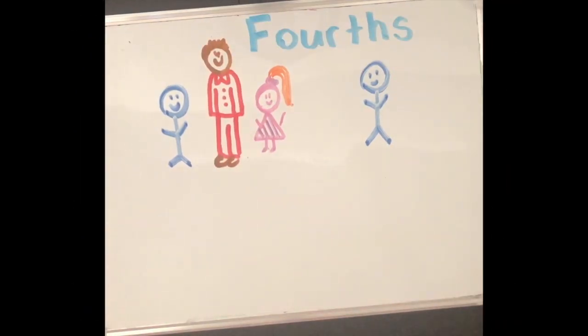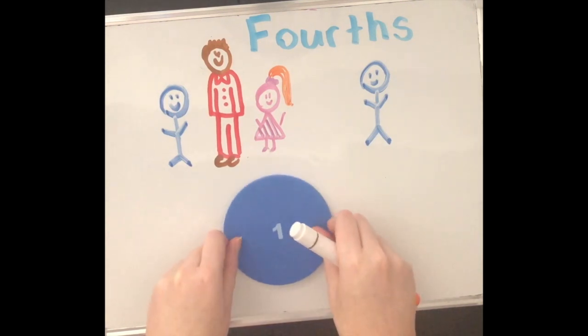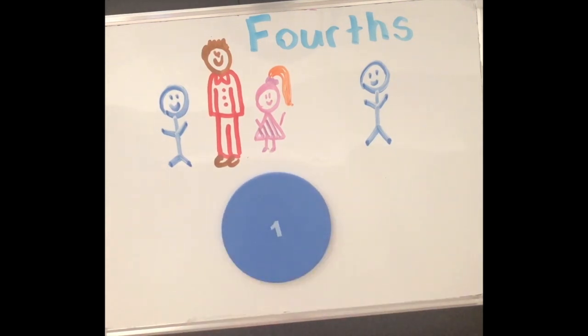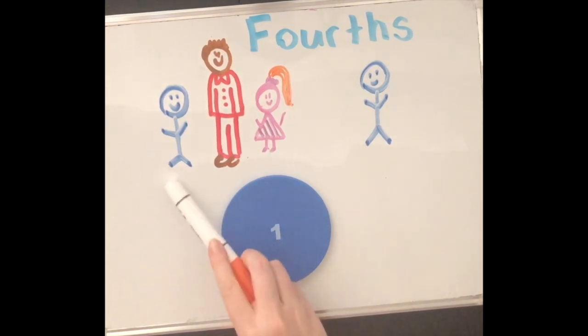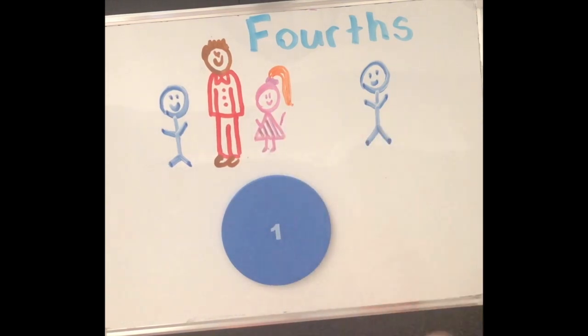Now, Tom, Jerry, and Katie's dad comes home from work. He is very hungry, so Mum makes another whole pizza. Tom, Jerry, and Katie are still hungry, so they want to have more pizza. Now we have how many people to split the pizza between? 1, 2, 3, 4.